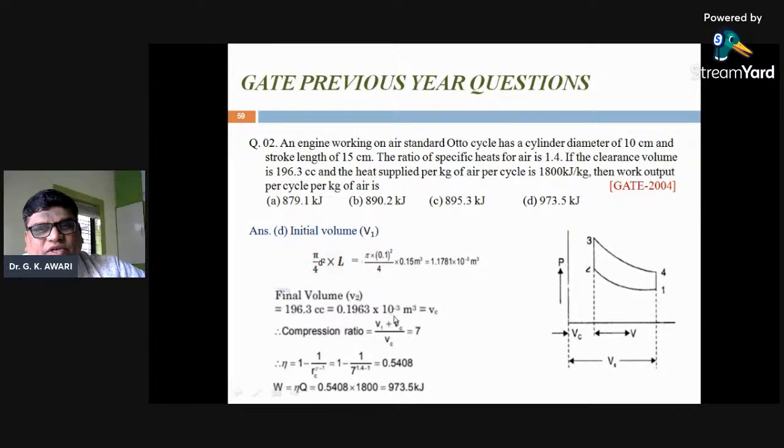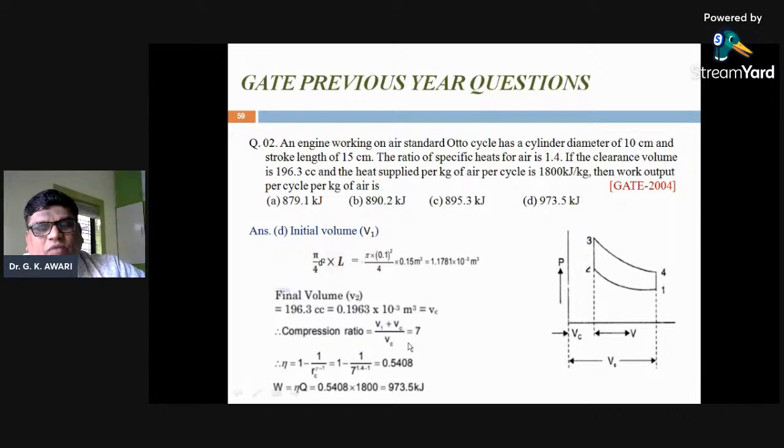So the compression ratio is nothing but V1 plus VC divided by VC. V1 is 1.1781 into 10 to the power of minus 3, plus VC, which is 0.1963 into 10 to the power of minus 3, divided by VC, which is equal to 7.